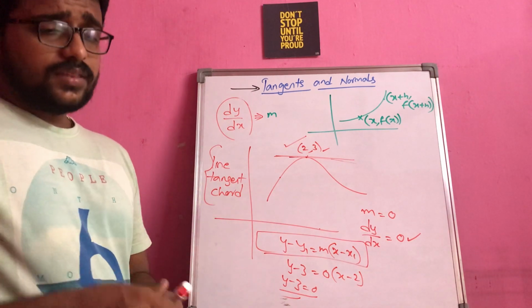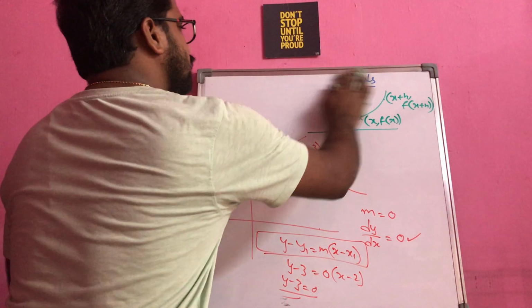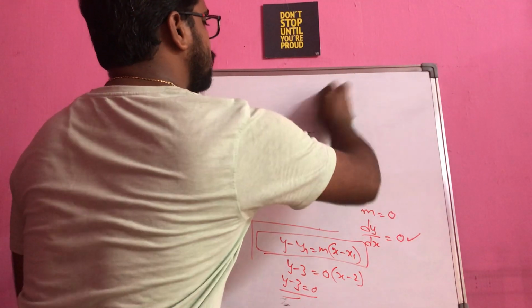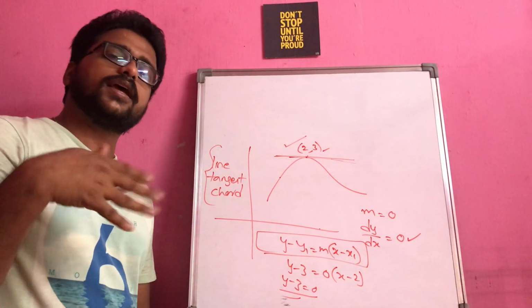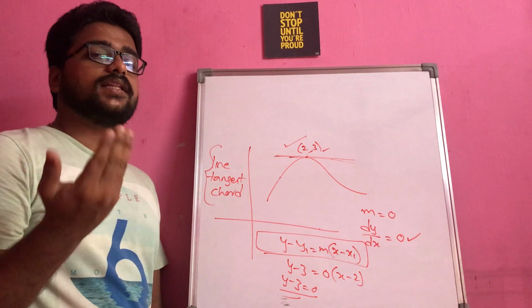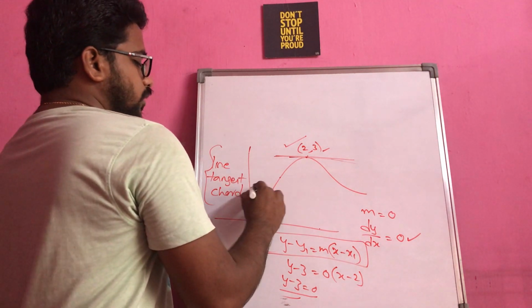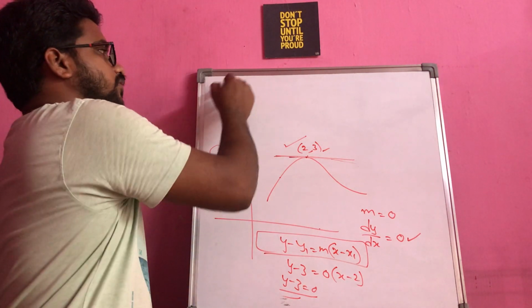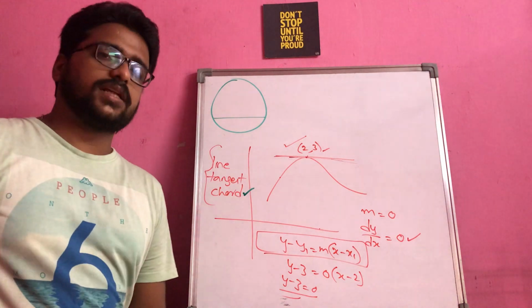So one more interesting thing here is that we will say the application of derivatives as tangent and normal, but the same concept you can use for finding the equation of a chord also. What do you mean by chord here? Usually we define a chord only for a circle, whose endpoints are lying on the circumference of the circle.